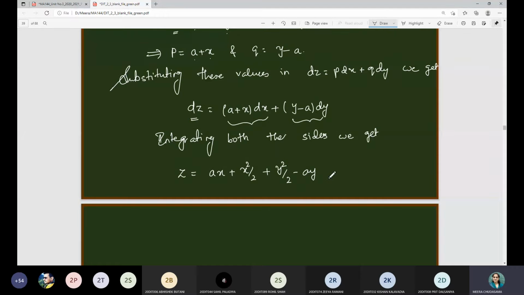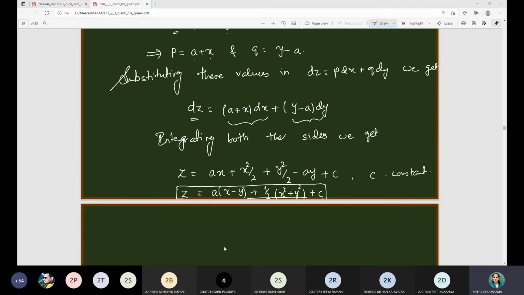So plus c, the constant of integration, right? So this is nothing but a x minus y plus 1 by 2 x square plus y square plus c. So this is the complete integral of the given partial differential equation. Right? So that is what the procedure is.